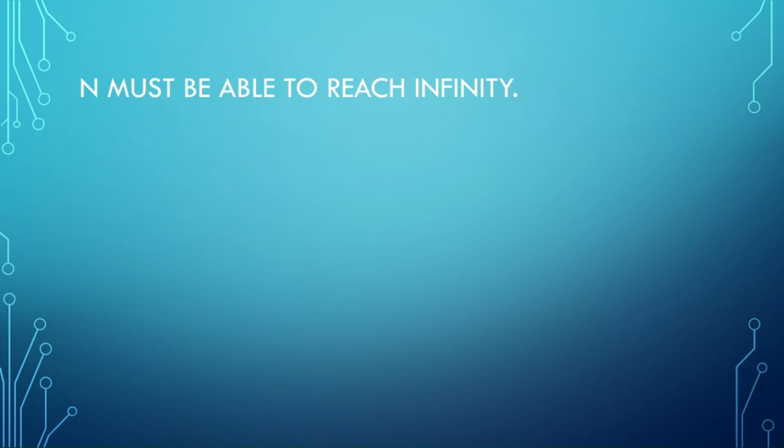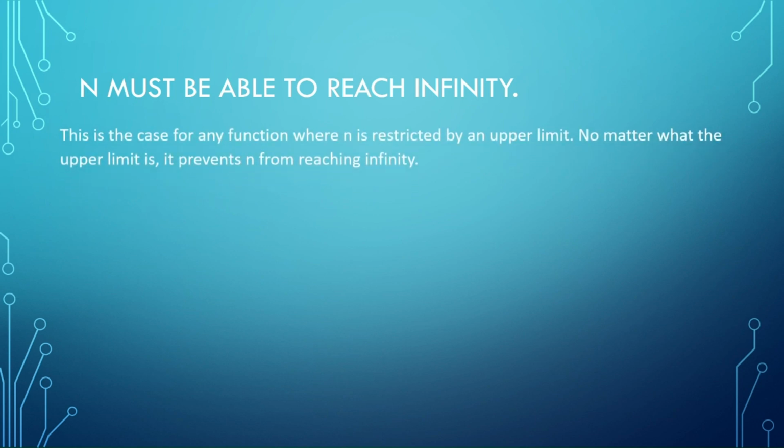So, n must be able to reach infinity. This is the case for any function where n is restricted by an upper limit. So, of course, there might exist some value of m for which f1 of n is acceptable as an upper bound, but then, when n becomes large enough, or it becomes greater than k, let's say, the program swaps to the f2 of n algorithm.